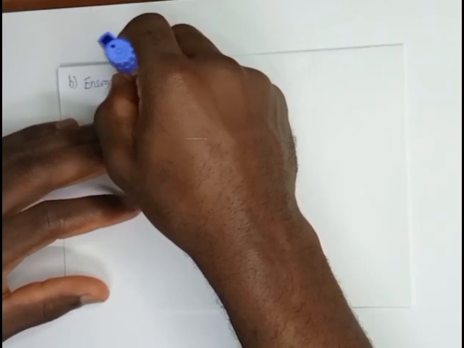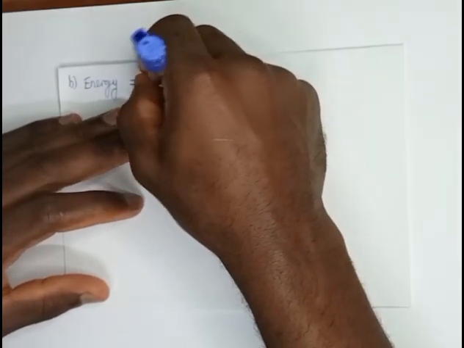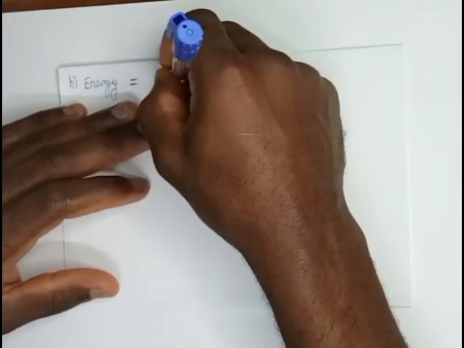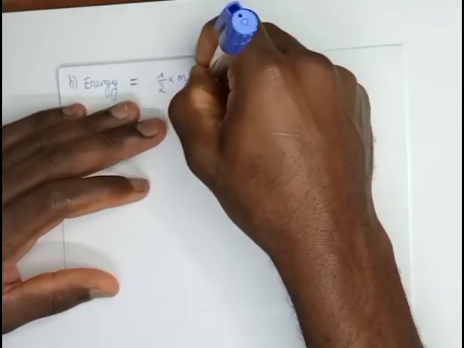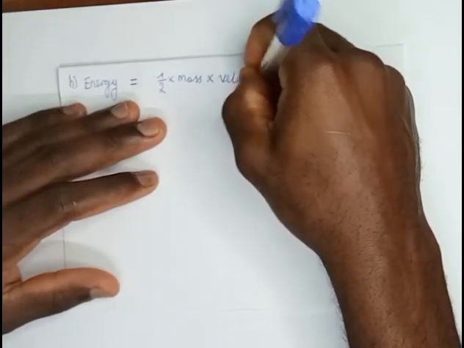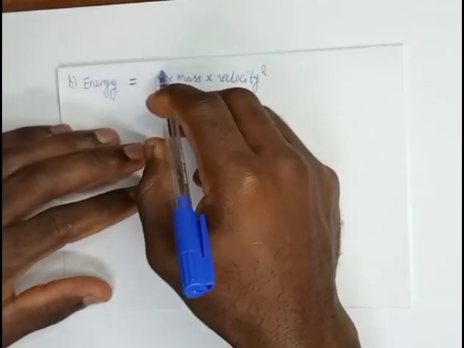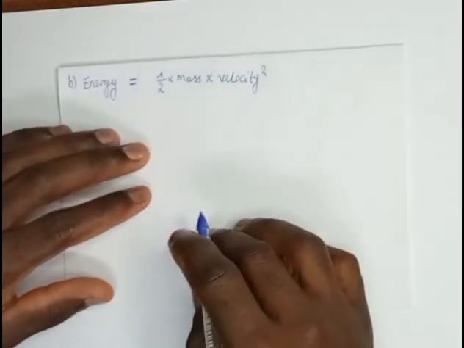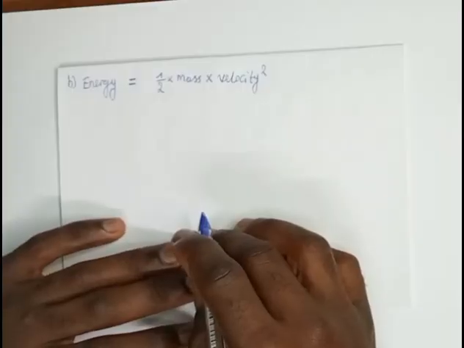That means you take a half of the mass times the velocity squared. This will be equal to a half times the mass times the velocity squared. A half is a constant which is dimensionless.